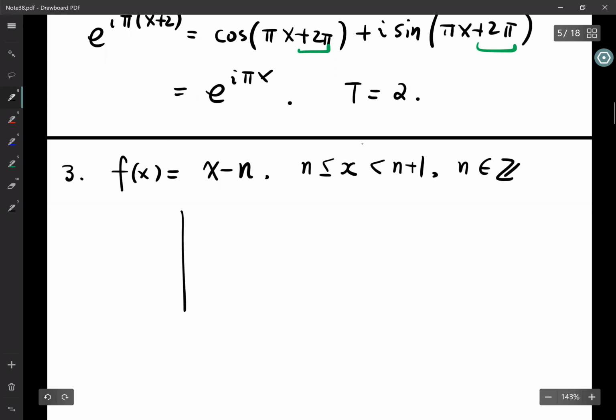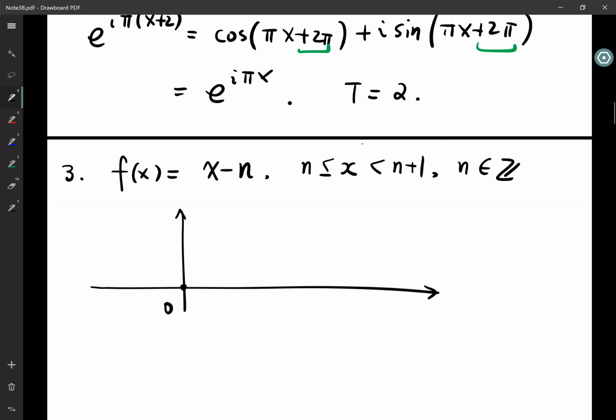So it's easier to see the plot. So with n, 0 is the integer. If x is 0, this is 0 minus 0, so I start from 0. Then between 0 and 1, actually include 0, exclude 1. This is just x.